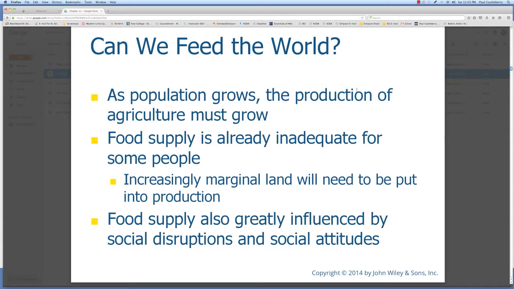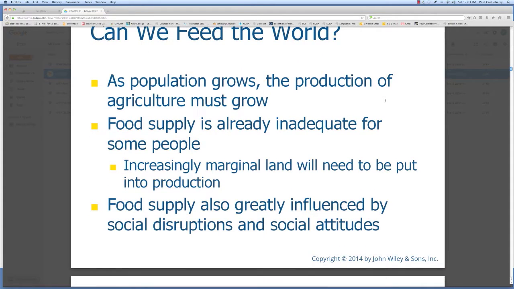That will have some impact on agriculture as well. And so agriculture must continue to grow, but in a sustainable way. That's the key here, to continue to feed this growing population.